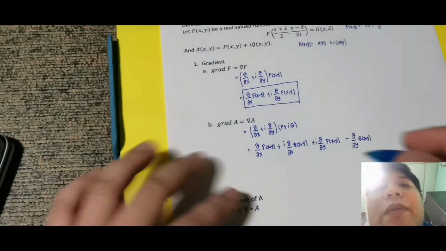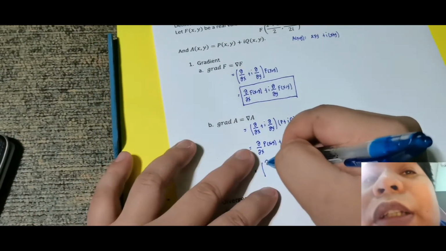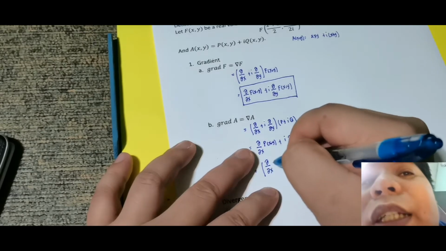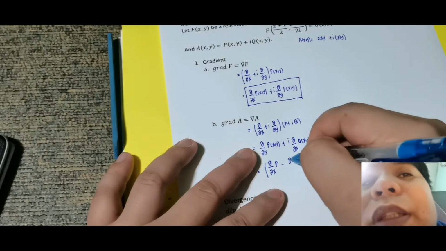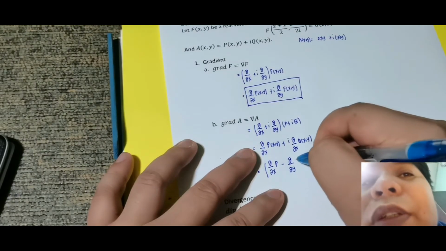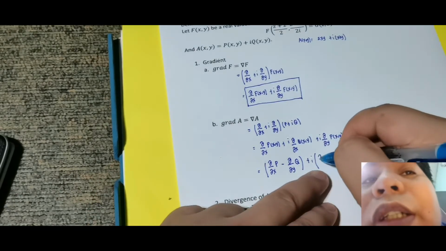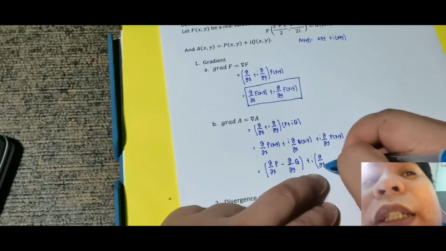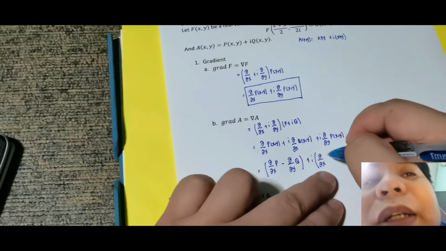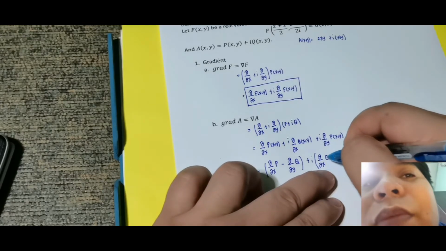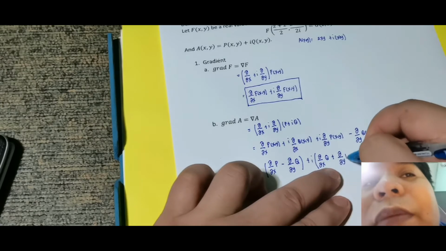Okay, so rearranging lang para makita nyo yung mangyayari. So, this is simply equivalent sa partial derivative with respect sa x of p minus partial derivative with respect sa y nung q, okay, then plus i multiplied by partial derivative with respect sa x nung q plus partial derivative with respect sa y ng p.